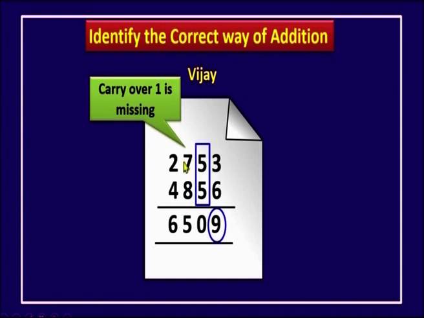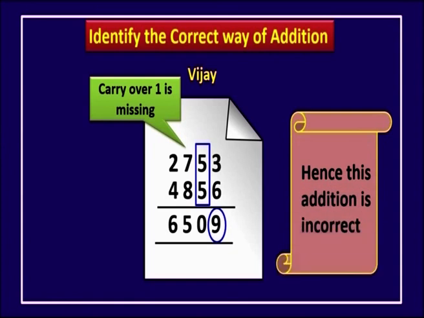So that's why 7 plus 8 is 15. So if 15 is there, we write 5 here and take one more carryover here. So he forgot to take the carryover. That means children, what do you conclude? Yes, the addition is incorrect. That means Vijay has not done the addition correctly.